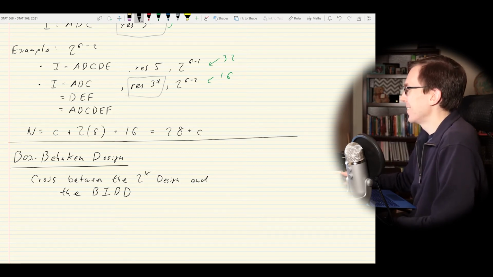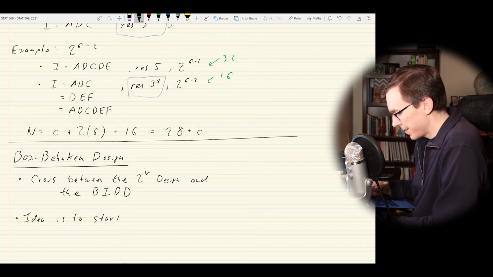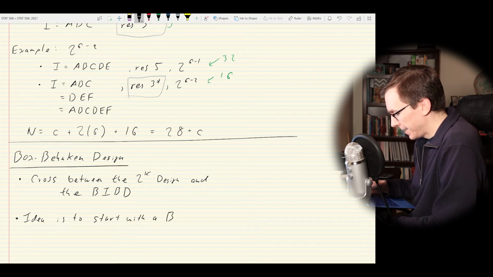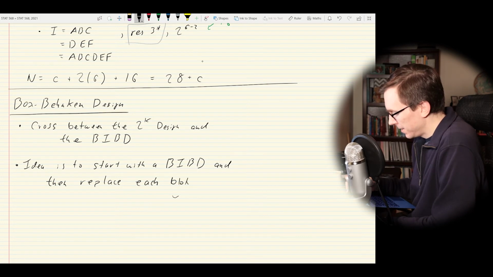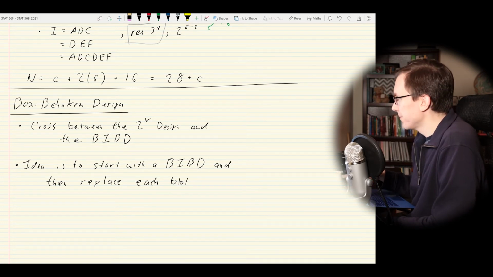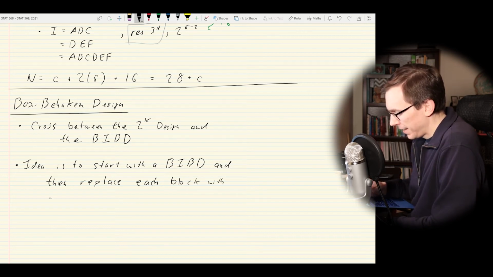All right, so how in the world do we actually do this? So the idea is to start with a BIBD and then replace each block with a 2 to the k design.